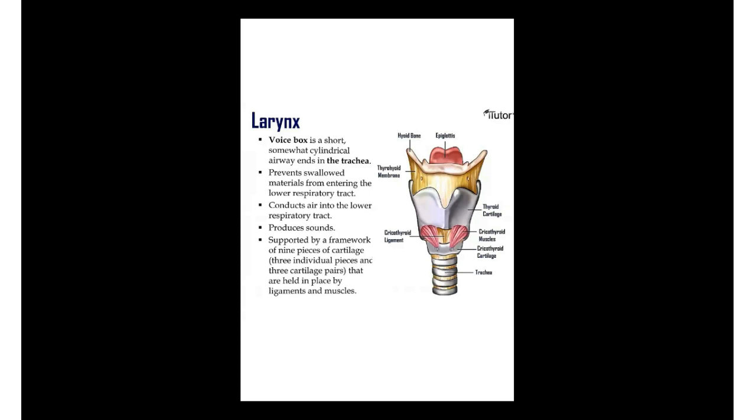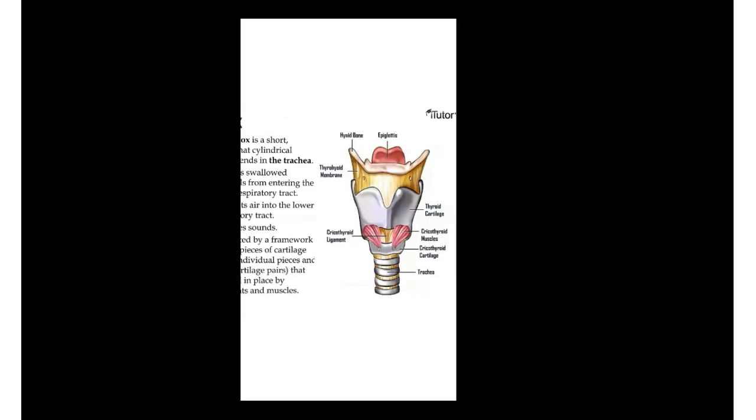The rest are cartilages. So this is made up of nine pieces of cartilage in three pairs, held in position by ligaments and muscles.